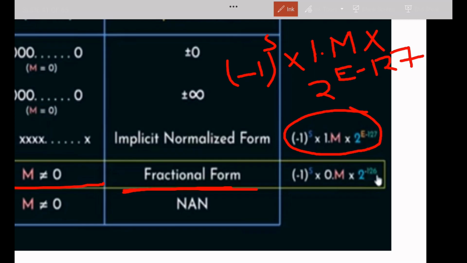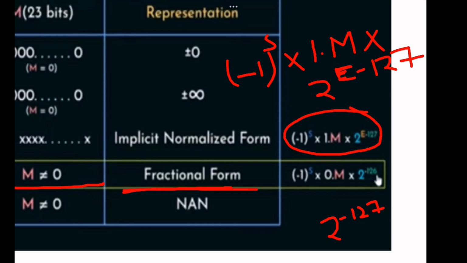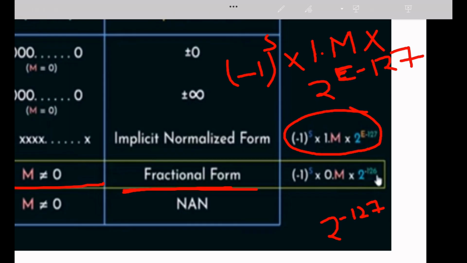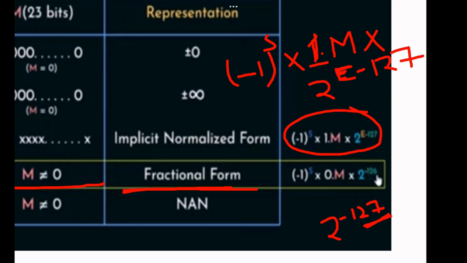So if the exponent is 0, this is a fraction. Why? Because 2 to the power minus 127. If the power is positive, this is not a fraction. I want a fraction, which means the power is negative. I think that you understand. So in the previous question we wrote 126 because I am not writing 1, I am writing 0. I think that you understand.